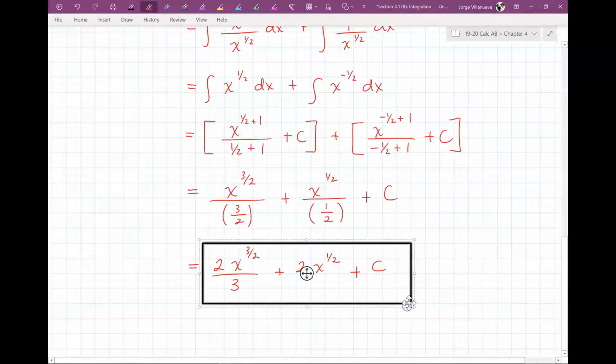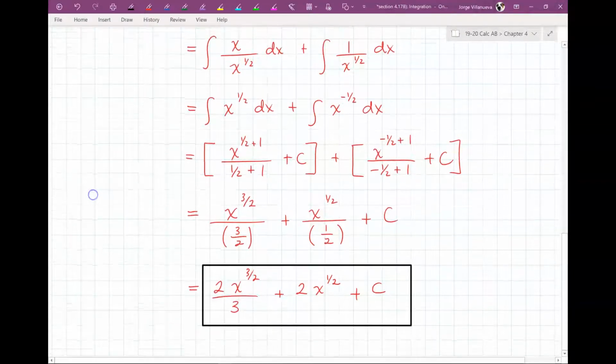So again, it does look at first like it's going to be really difficult, but if you break it apart and write it as two different problems, and simplify them as much as you can. Remember, we don't want to do any type of things where we're multiplying stuff together or dividing things together, because we don't have rules for that. We don't have quotient rules. We don't have product rules.